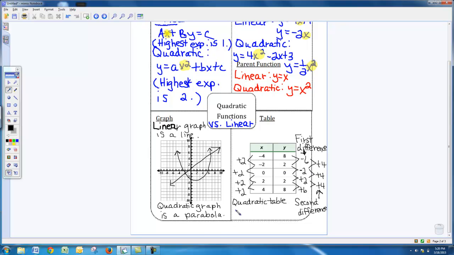So we can say that a quadratic table has a constant second difference.